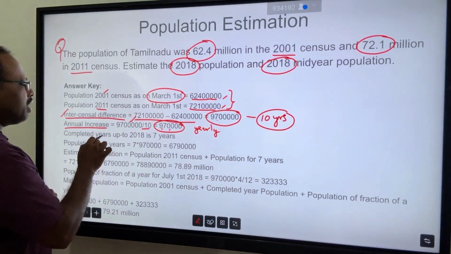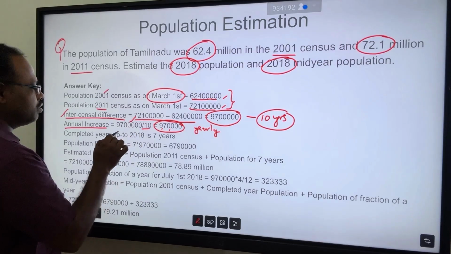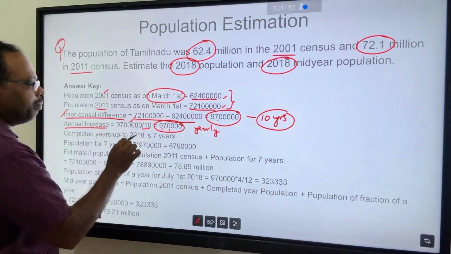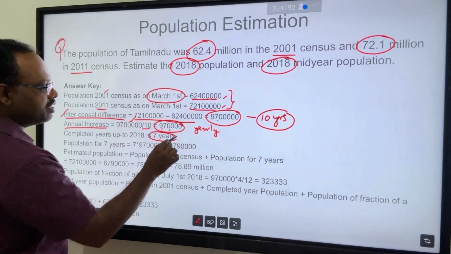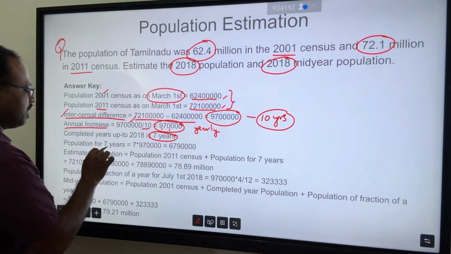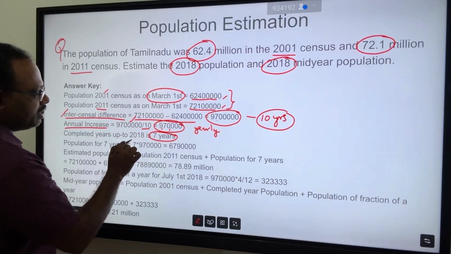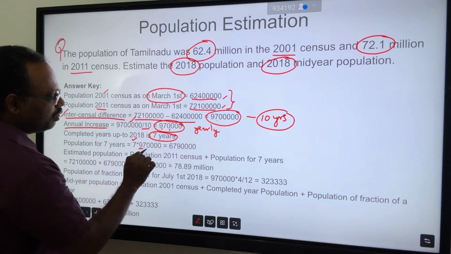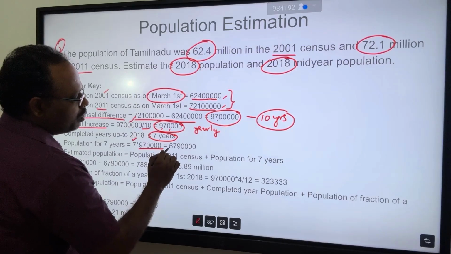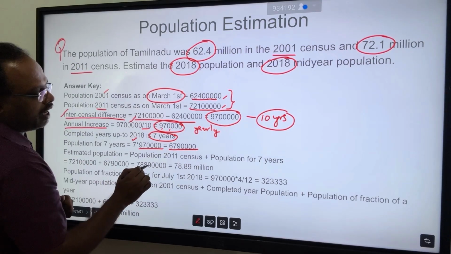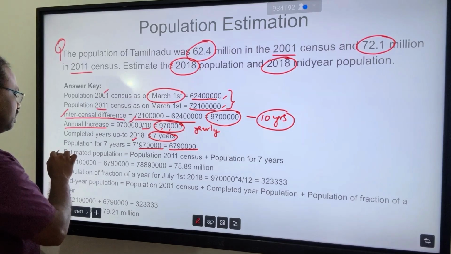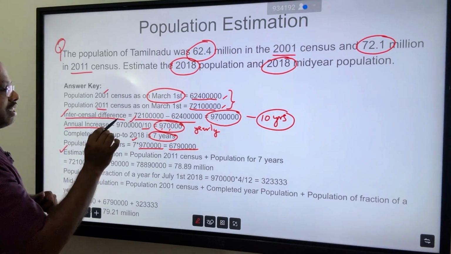So for completed years, we then need to calculate the 2018 mid-year population. The completed years here are 7 years. So we need to multiply the 7 years by the yearly growth, that is 9,70,000, which yields about 67 lakhs 90,000. Then in the next step, we need to calculate the estimated population asked in the question.